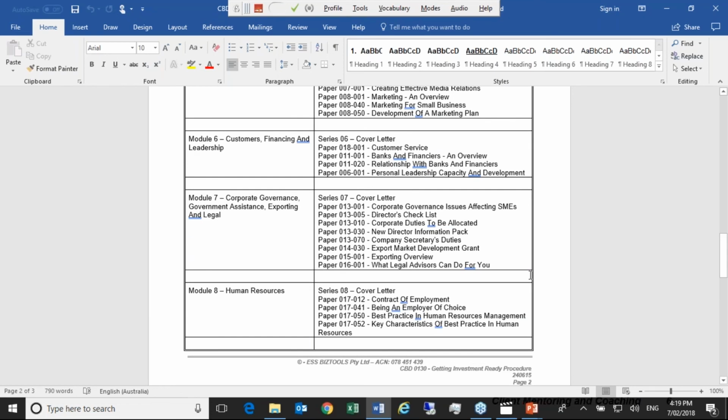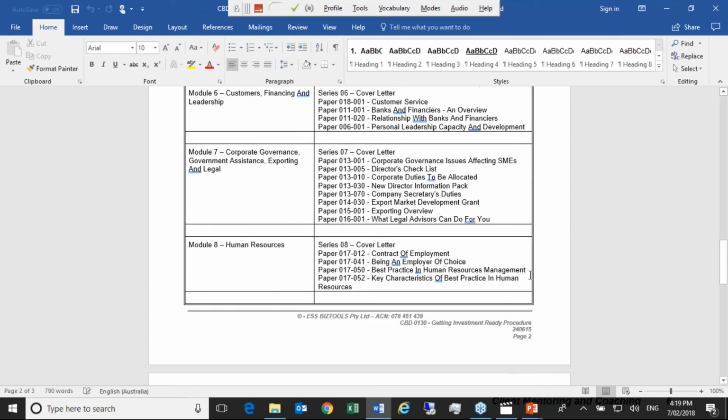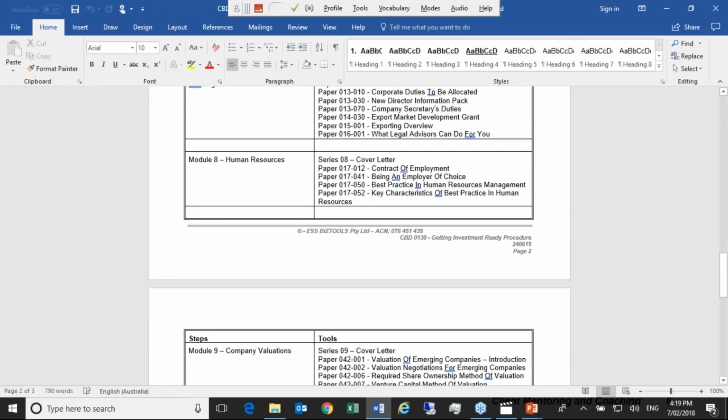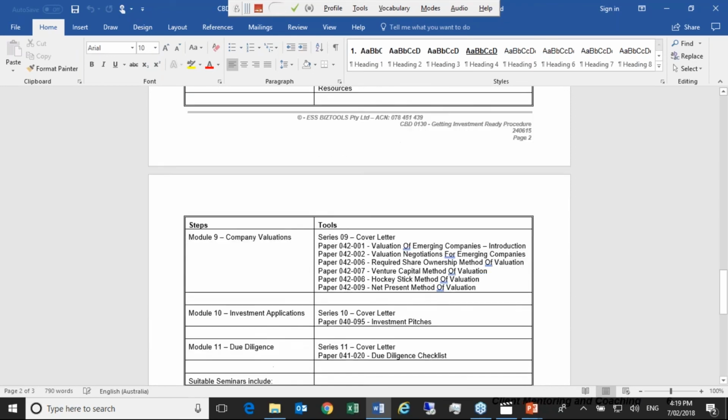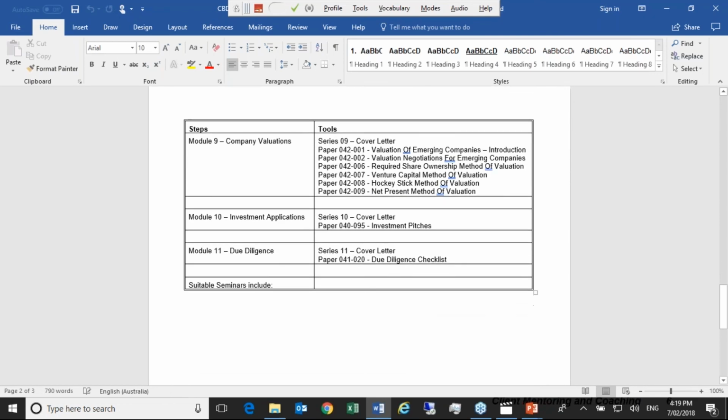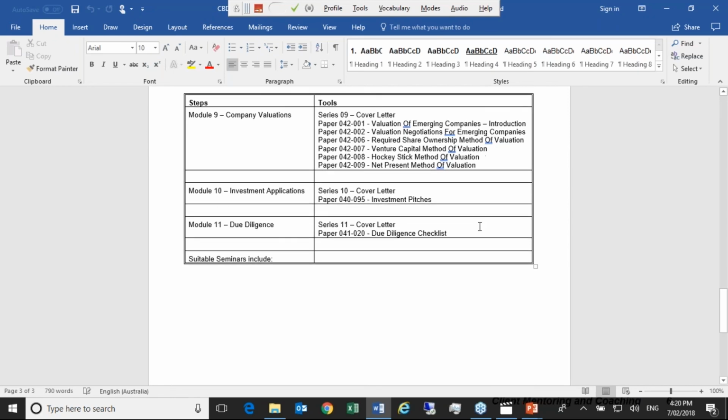They have an appreciation of corporate governance, but also government grants, and some knowledge of how exporting operates. Human resources, an appreciation of how companies are valued, and the due diligence requirements that they will have to be subjected to if they're looking at doing a merger with a larger organisation, or indeed any size organisation.